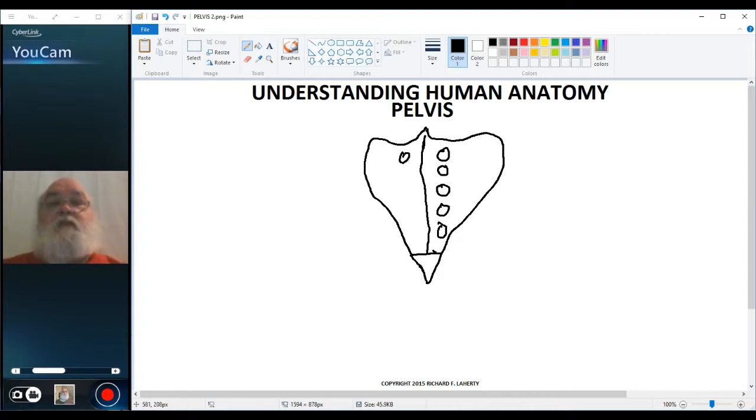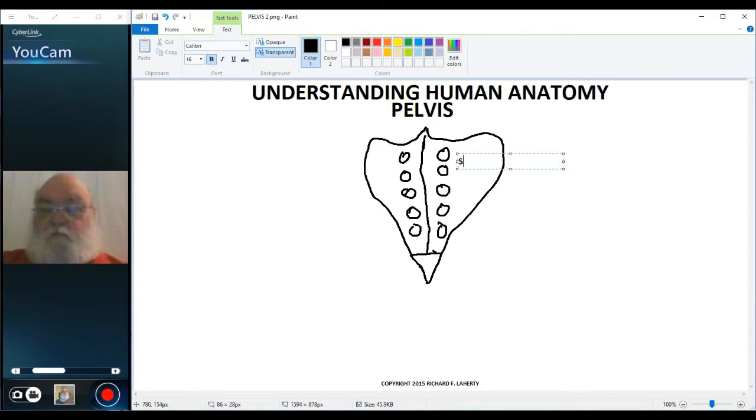Put those on each side. So we'll label in the sacrum.